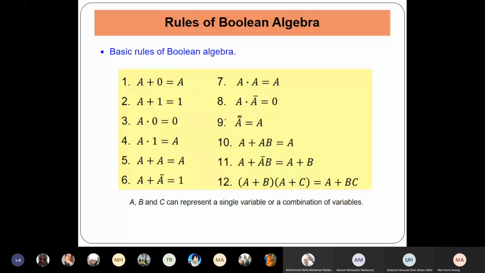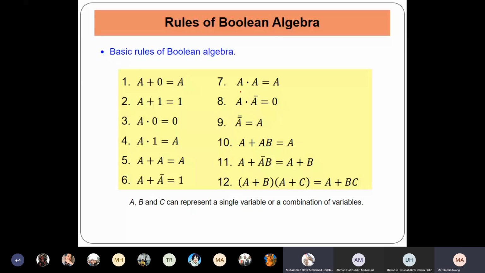Rule number 7. A and A is A. If A is 0, 0 and 0 becomes 0. If A is 1, 1 and 1 is equal to 1. Rule 8, A and A bar is equal to 0.